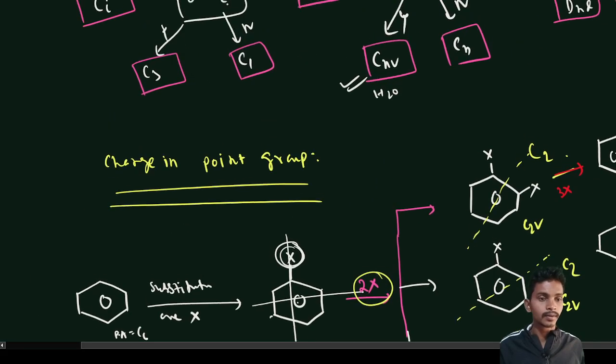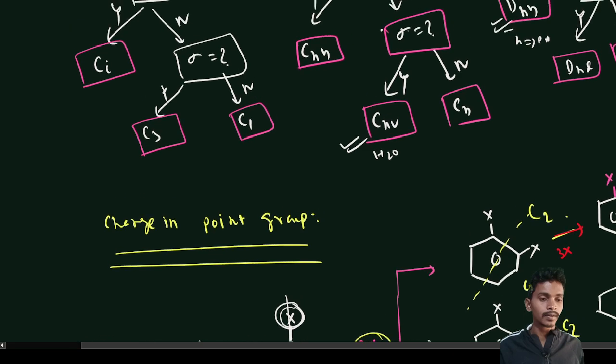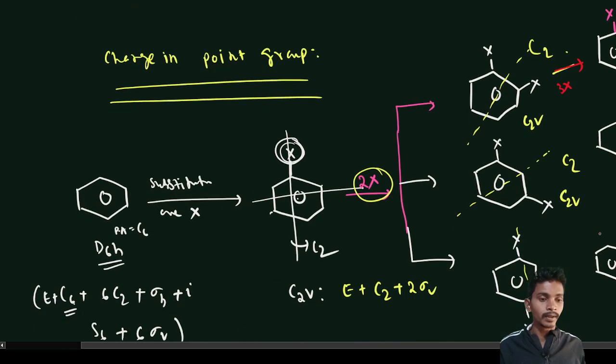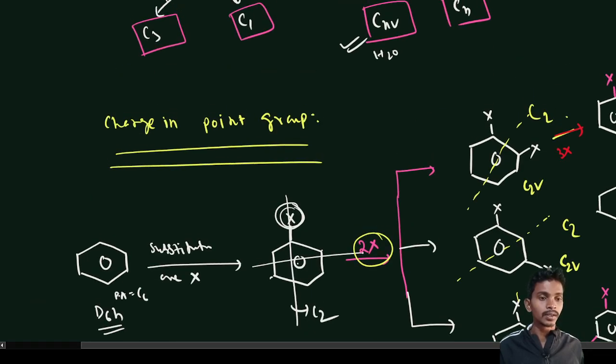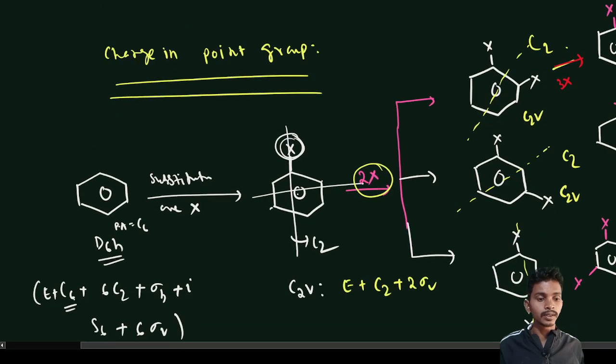Let's say one is here, another comes here, another comes here, and one is here, another here, another here. Then one I put here, another I put here, and again one here. So you see that this molecule is planar.